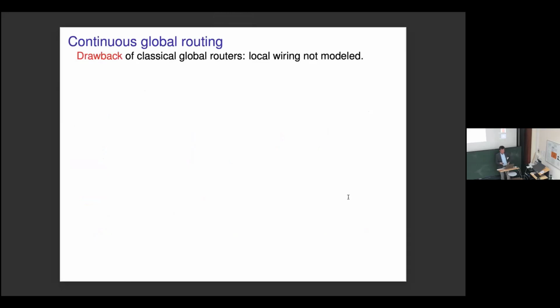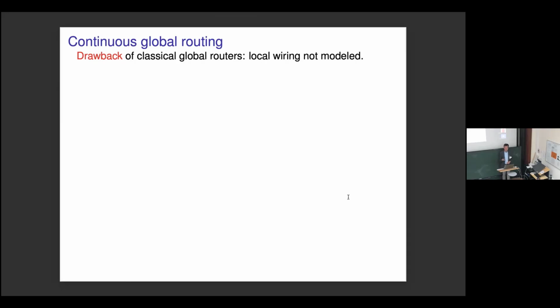So there was still some discrete element in the global routing. Namely, we defined these global routing tiles and we contracted them to one vertex. So we forgot about everything that happens in these tiles. We forgot about a lot actually. It can be almost half of the total wiring that is inside the tiles that we now completely ignored.